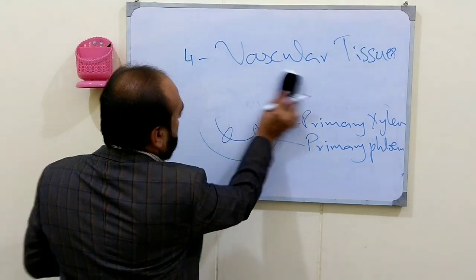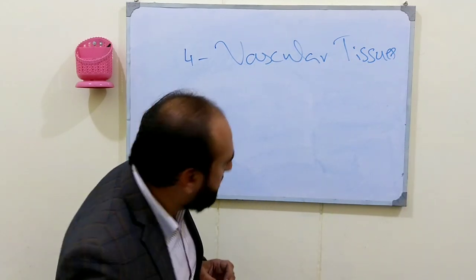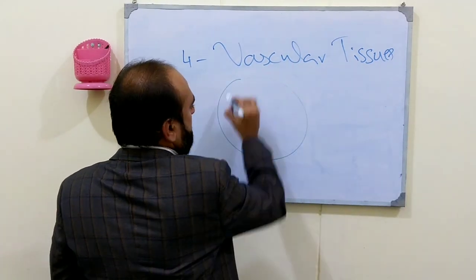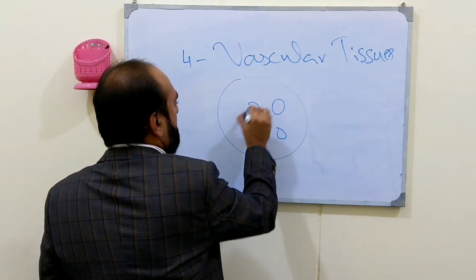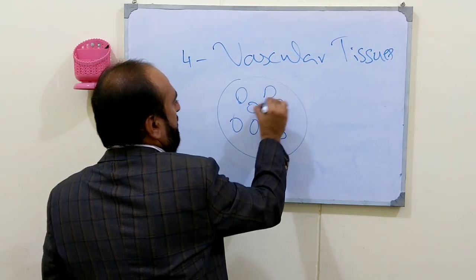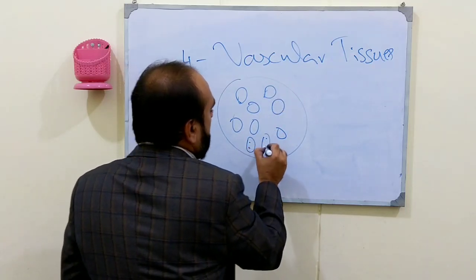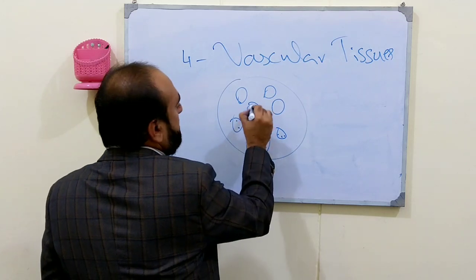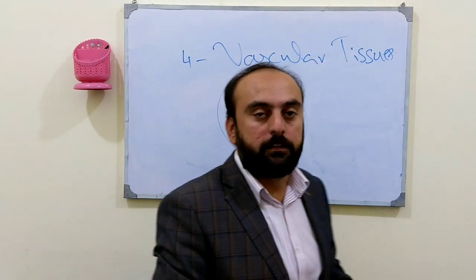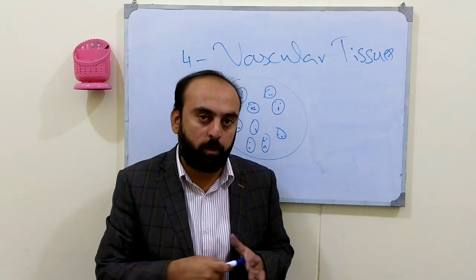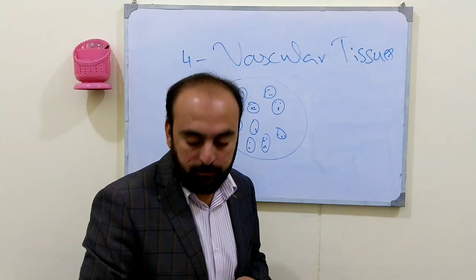Whereas in a monocot stem, the vascular bundle is scattered throughout the plant body like this. So they are not arranged nicely in monocot stems. So this is how we can differentiate monocots and dicots based on vascular bundle.